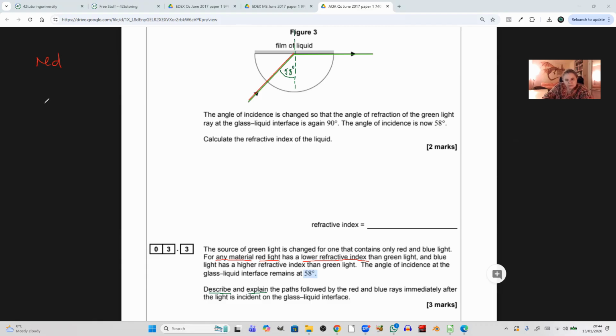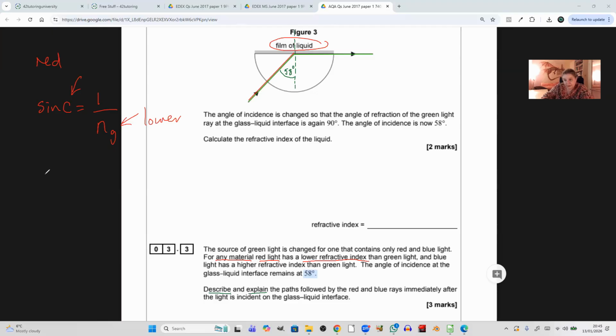So if my sine C is equal to 1 over the refractive index for glass, if this is lower, what happens to this? Is it bigger or smaller?